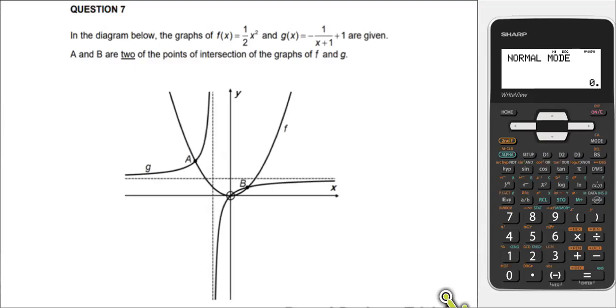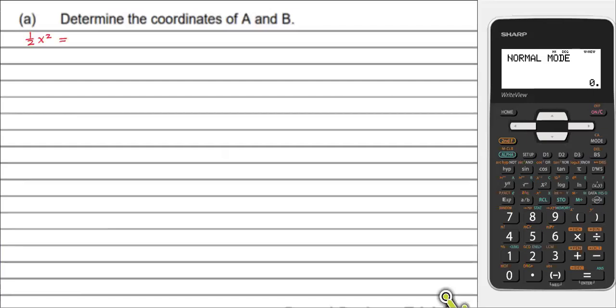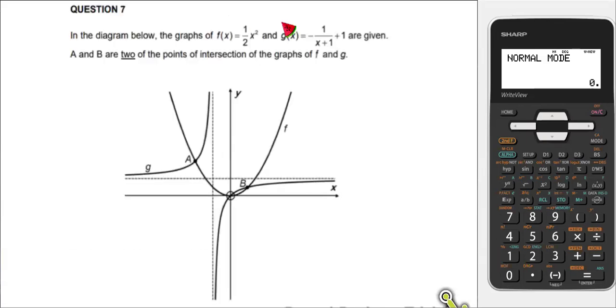All right, I got you now. So it's going to be minus 1 all over x plus 1, and then plus the 1. Let's double check that if it is so. Yeah, it is so indeed.